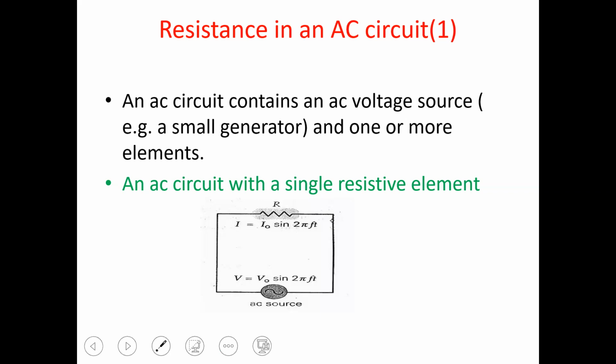What is V naught? What is V? What is I naught? What is I? Let's start with V. V is the voltage, the instantaneous voltage at every particular point in time, while V naught is the peak voltage.